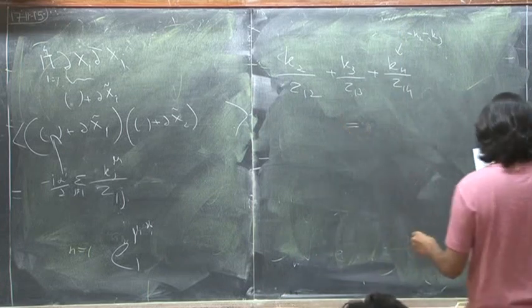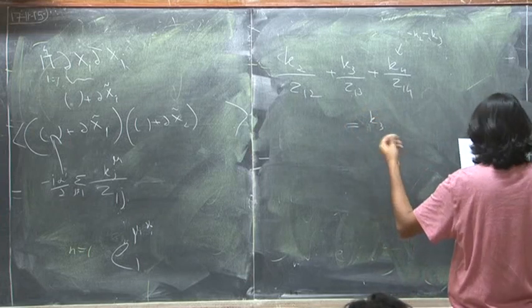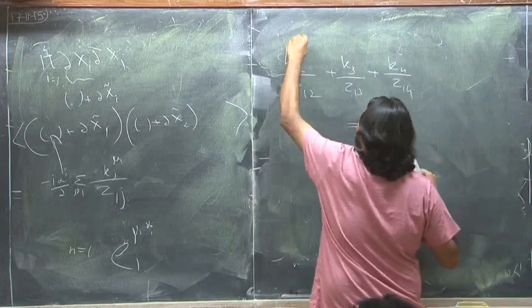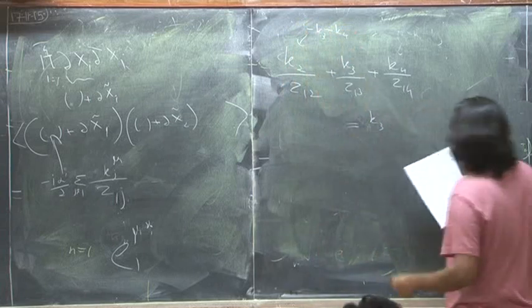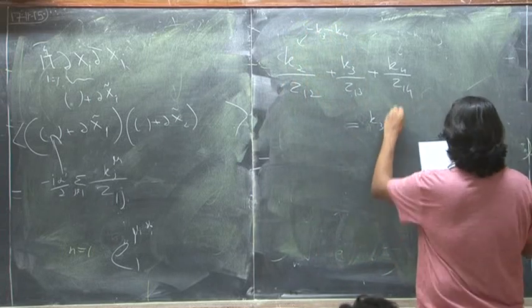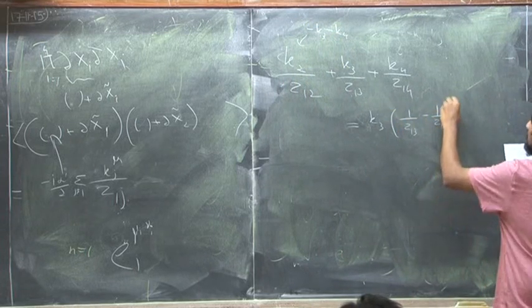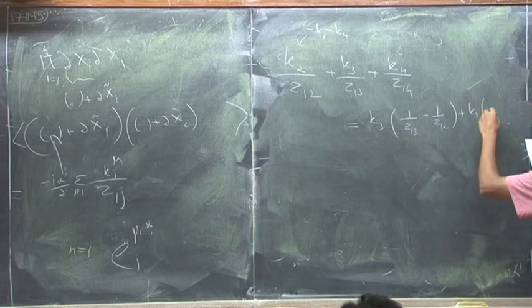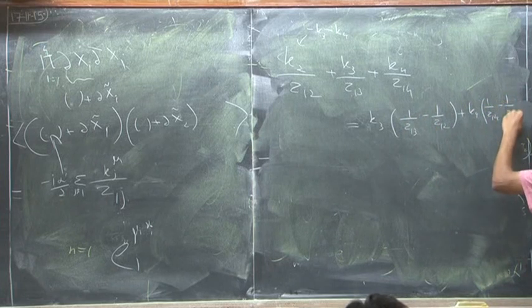So we get K3 upon 1 by Z13 minus 1 by Z12, plus K4 upon 1 by Z14 minus 1 by Z12.